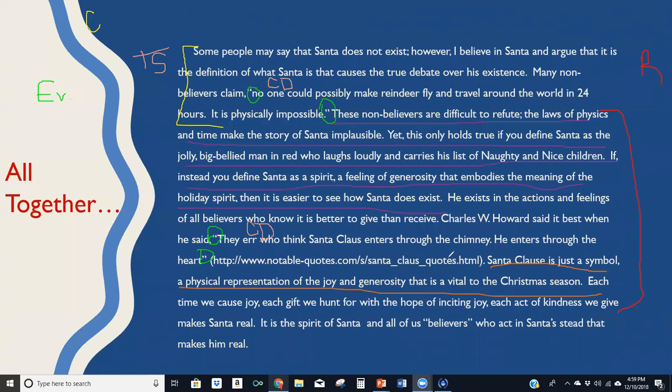And this part is going to be your commentary, right? And then the last thing to have on a solid paragraph is a conclusion right here.